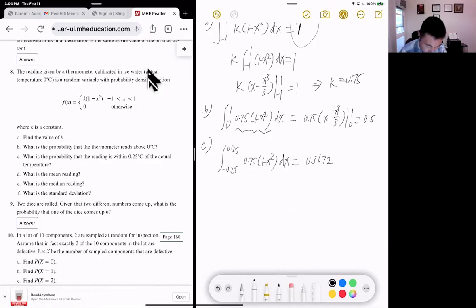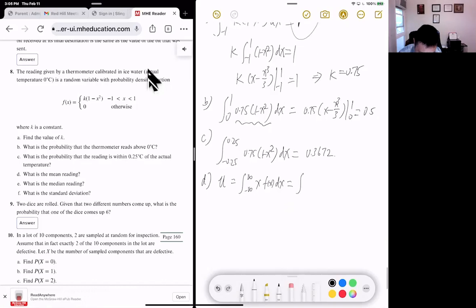Okay, D is asking for the mean value. Based on the equation of the mean, for a PDF the mean value will be the integral of x f(x) dx, where the range is -1 to 1.